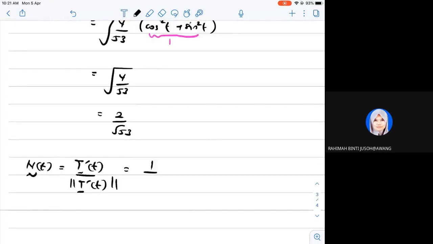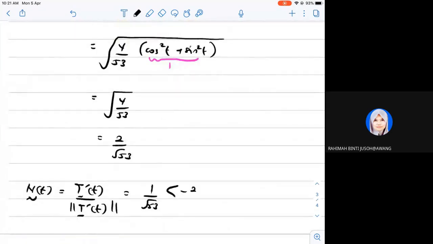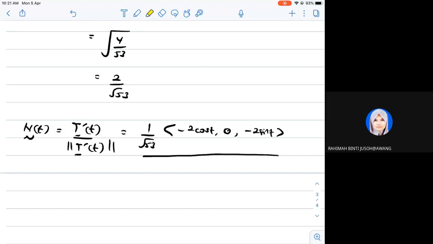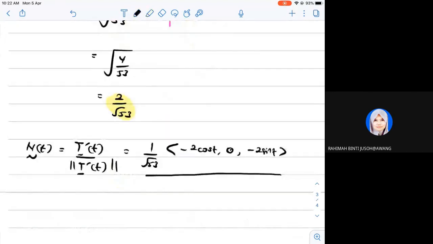Betul lah, square root 53 times negative 2 cos t, 0, negative 2 sin t, kan. Okay. Lepas tu bahagikan dengan magnitude dia tu. This one.